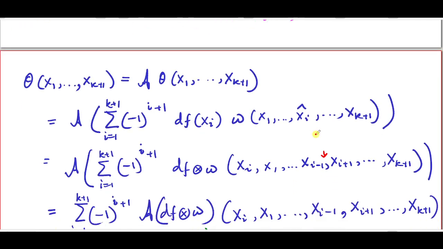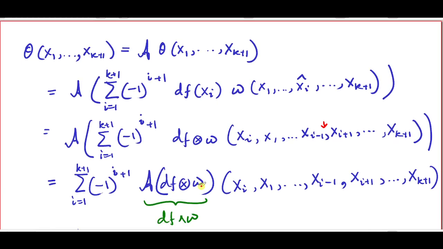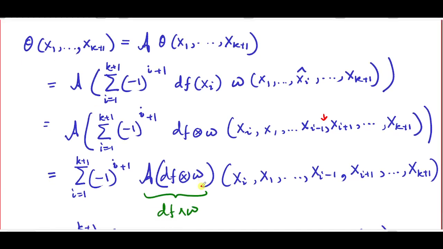But now, let's apply the alternator on the individual terms, which is a legitimate thing to do. After all, the alternator is a linear operation. Doing it on the entire sum is the same thing as doing it on individual terms and then summing up. So you have an alternator of df tensor product omega sitting here, but that by definition is a wedge product between df and omega.